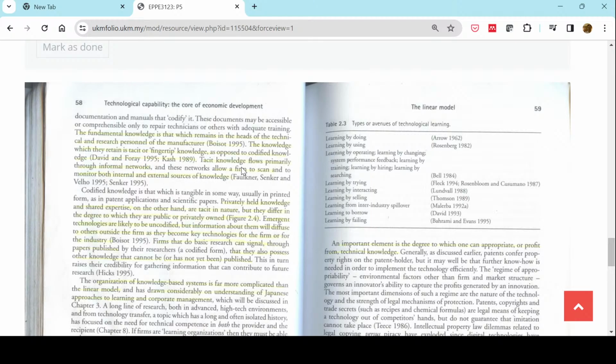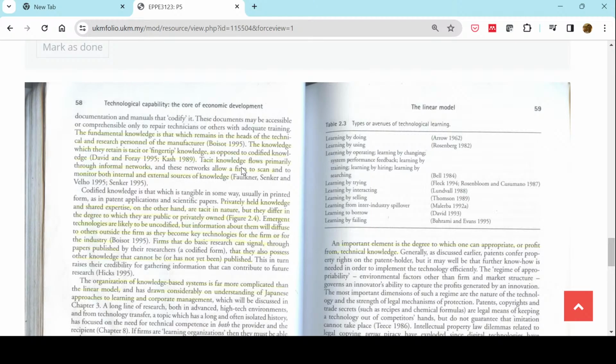Codified knowledge is that which is tangible, you can touch, you can hold on to it, usually in printed forms, such as in patent applications, in academic scientific papers. So here there's a diagram showing what we call a generic categorization.